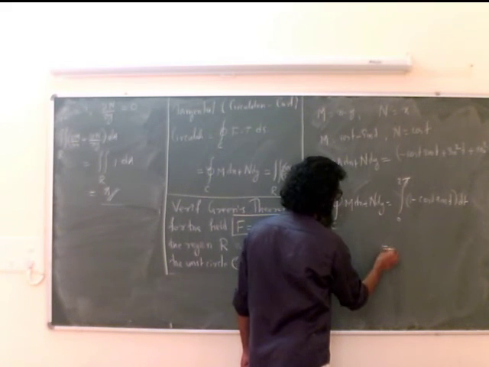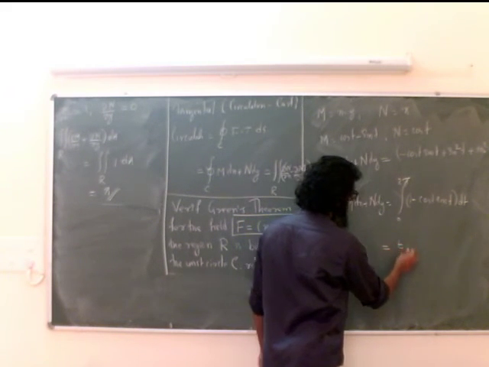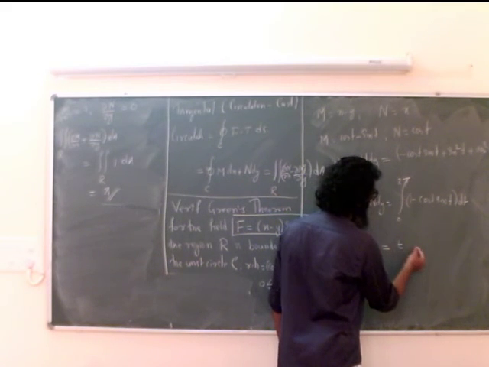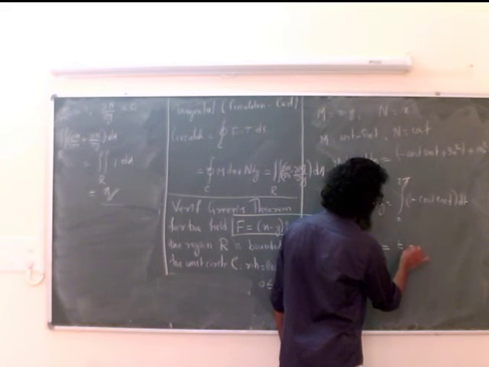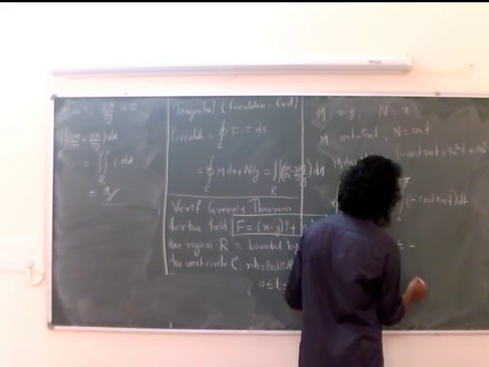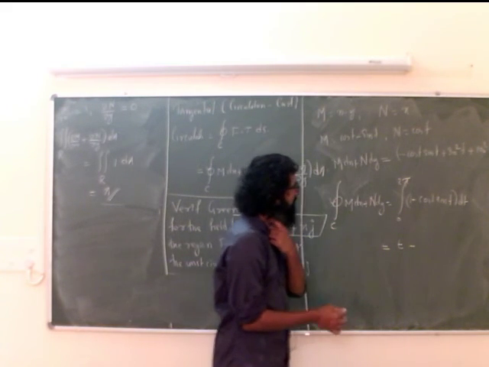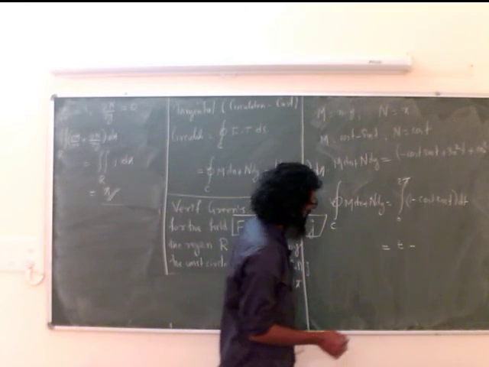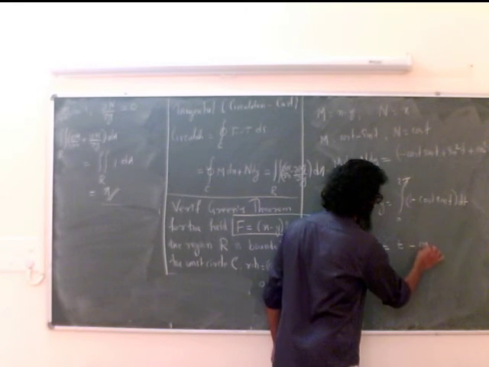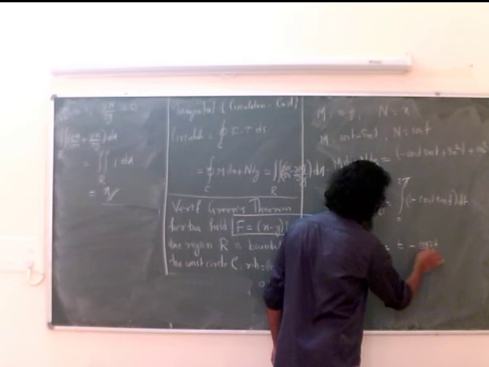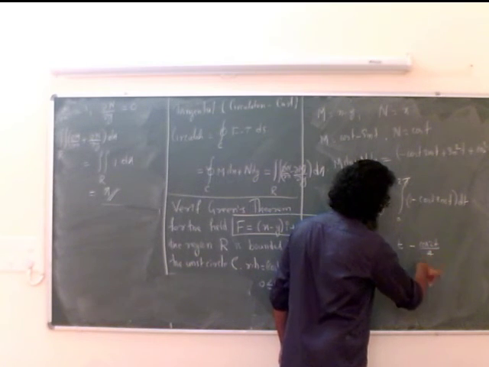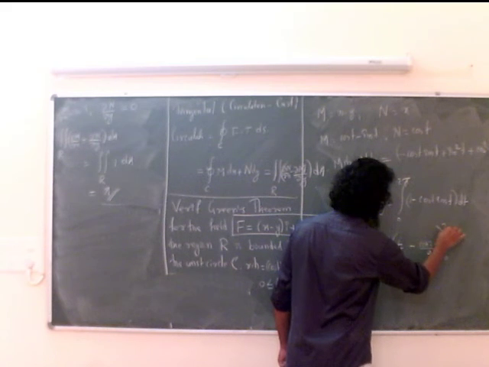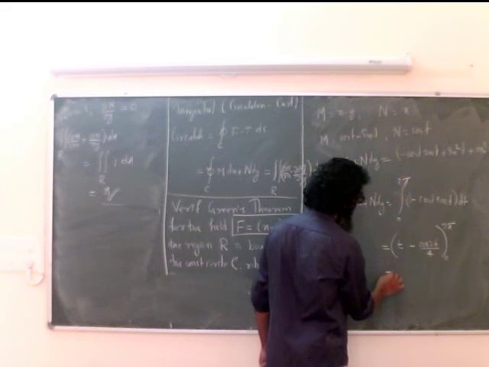This is equal to t minus cos 2t by 4 from 0 to 2 pi.